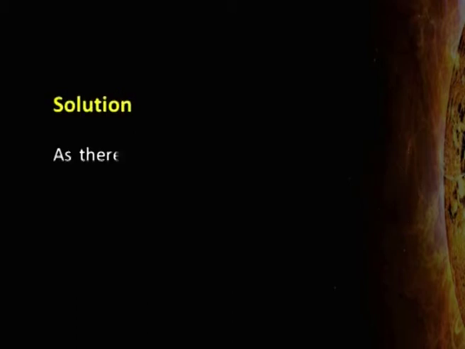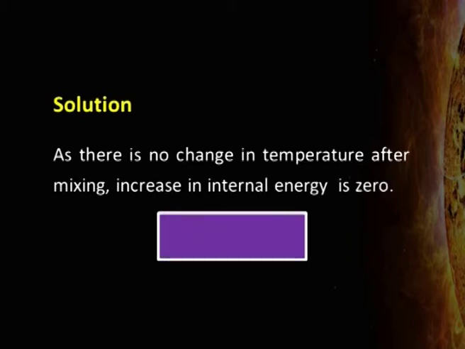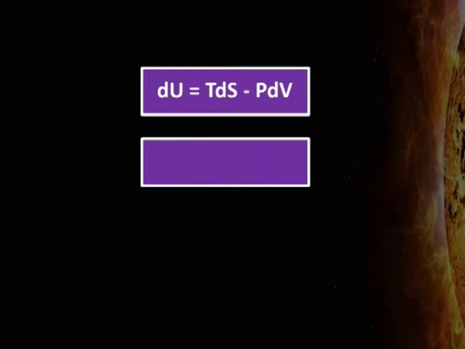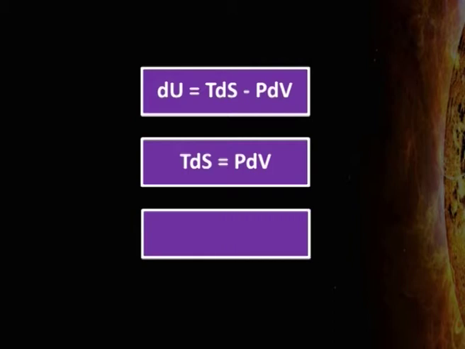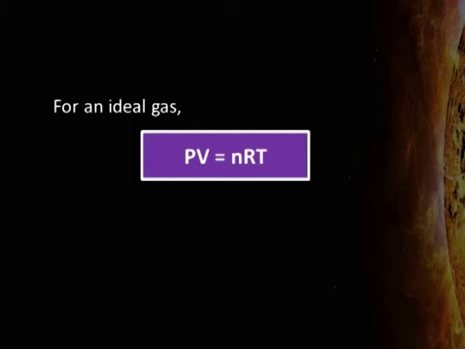As there is no change in temperature after mixing, therefore increase in internal energy will be equal to 0, or we can say that dU will be equal to 0. And you know that dU is equal to TdS minus PdV, and as dU is equal to 0, therefore we will get TdS is equal to PdV, or we can say that dS is equal to PdV divided by T. You also know that for an ideal gas, PV is equal to nRT.